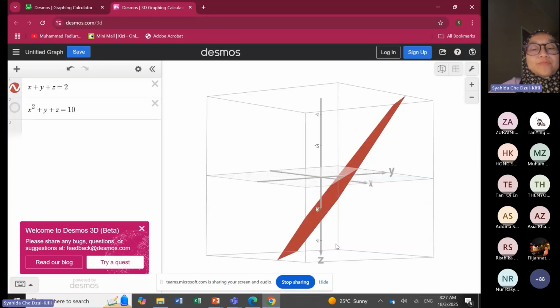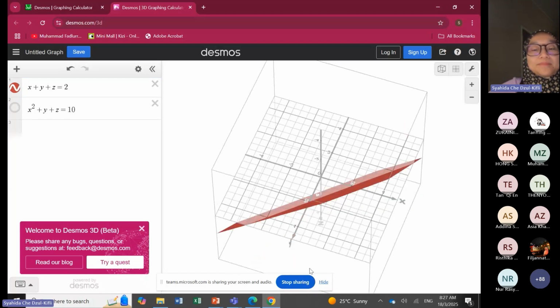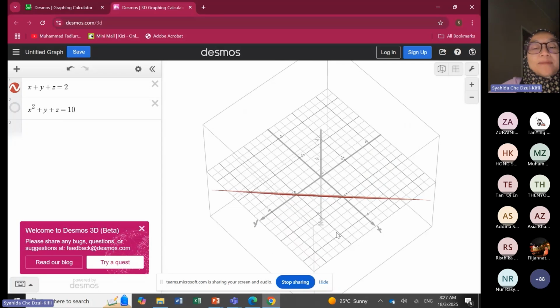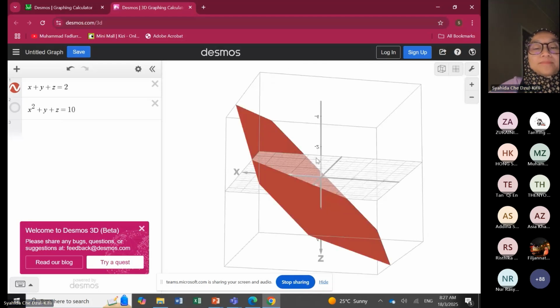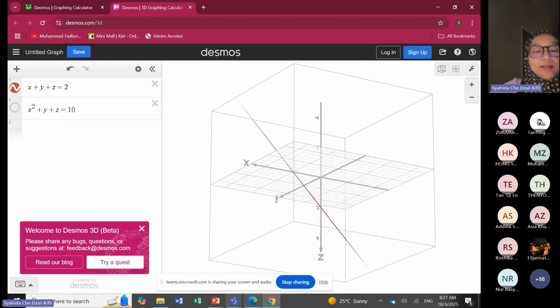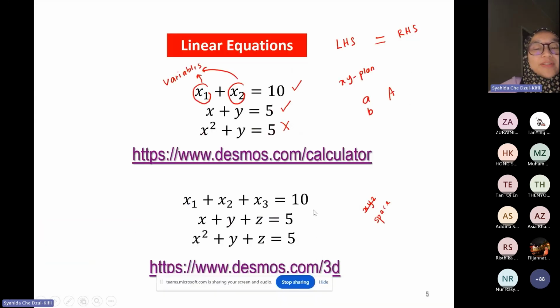If we move, see, it's linear. You may try to play around with this Desmos with different equations. Okay, so we decide that the first two equations are linear, but not the third one.